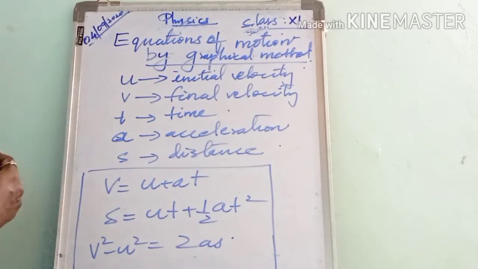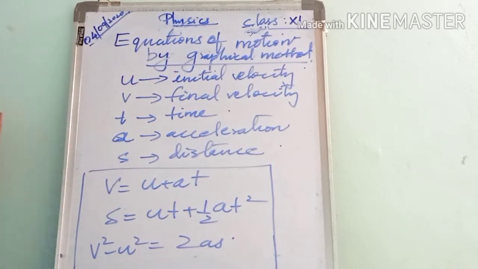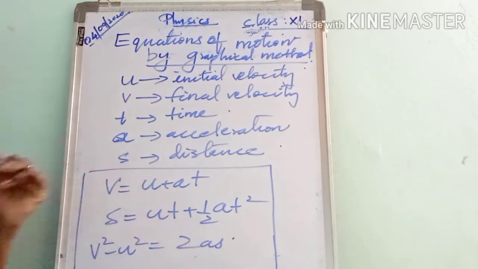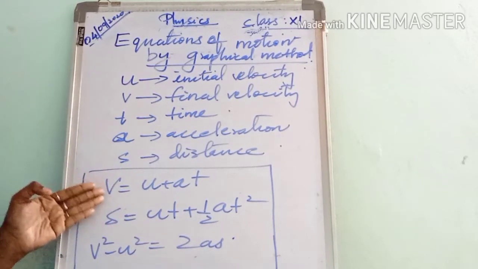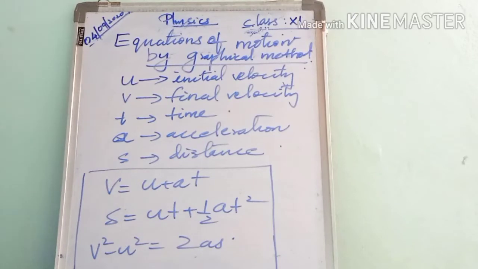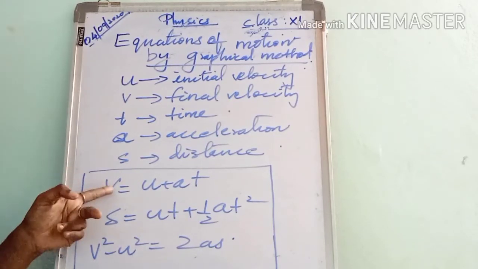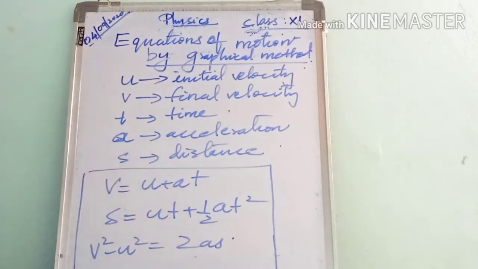What are the three equations of motion? The first is v equal to u plus at. That is the velocity time relation.